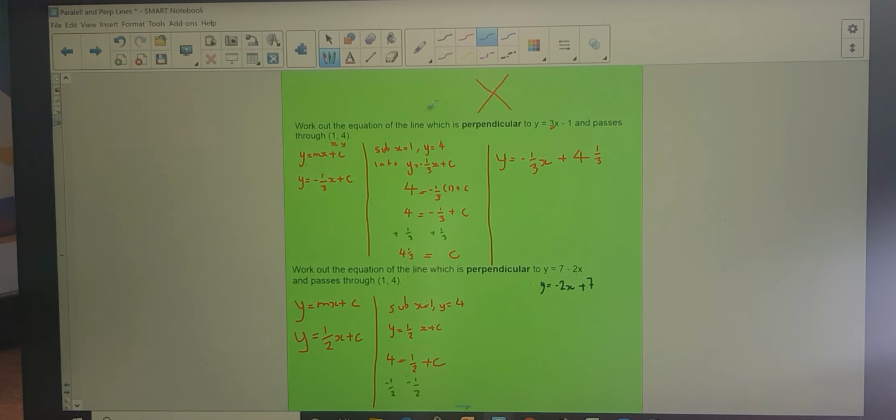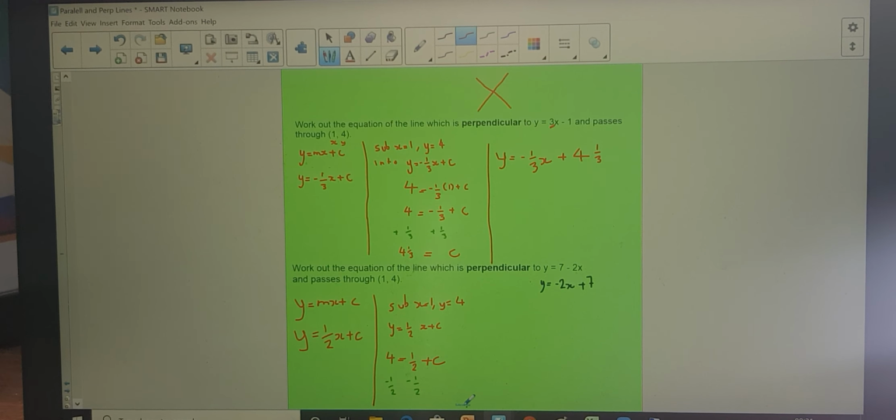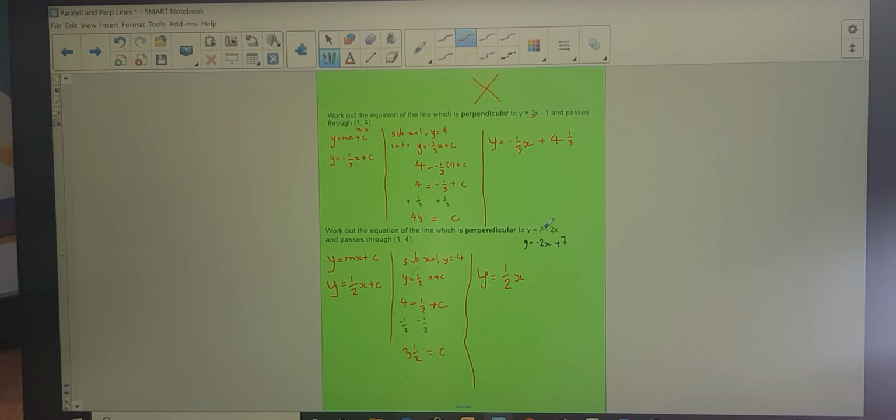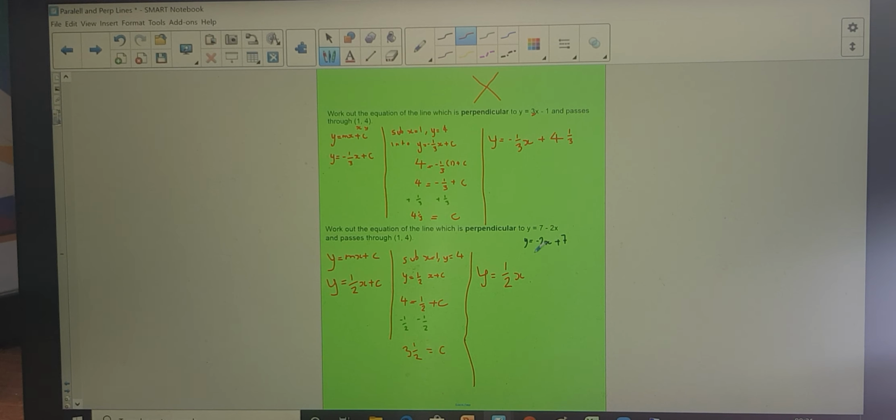It's going to give me my value of c. 4 take away a half is 3.5, or I could do that as an improper fraction. Therefore, the equation of my line is y equals a half x, because that's my perpendicular gradient to -2. And my y-intercept is 3.5. Or you could write that 7/2. That would still be correct.